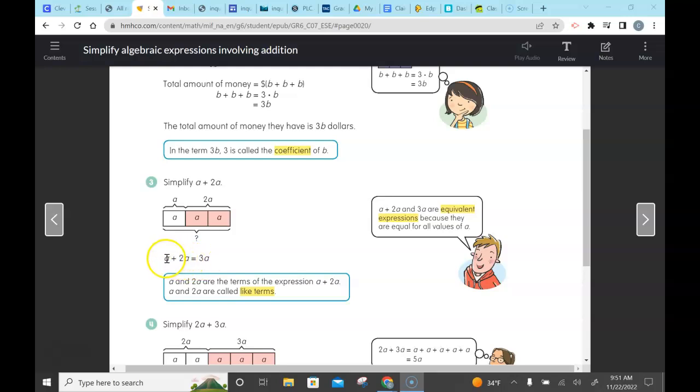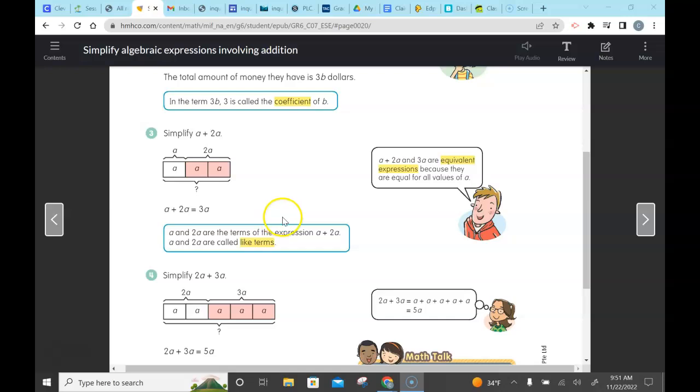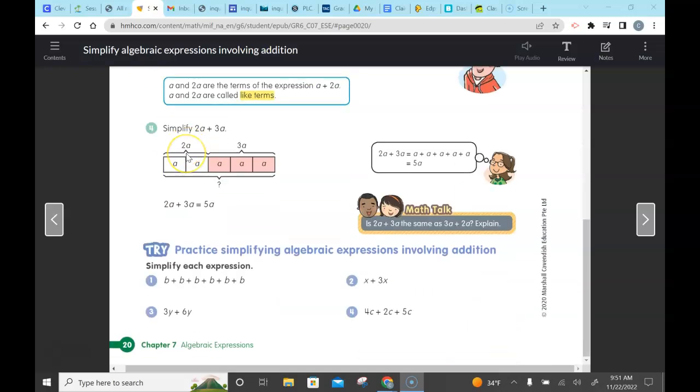Okay, so remember, whenever we're taking a look at these equations, the left side and the right side have to equal, and these two do equal. And then also we know that a and 2a are the terms of the expression a plus 2a, and we can also see that a and 2a are called like terms, like I just said, with the fact that they both have a for the variable. Okay, understanding that whenever a variable is all by itself, it represents 1a or 1 whatever the variable would be.